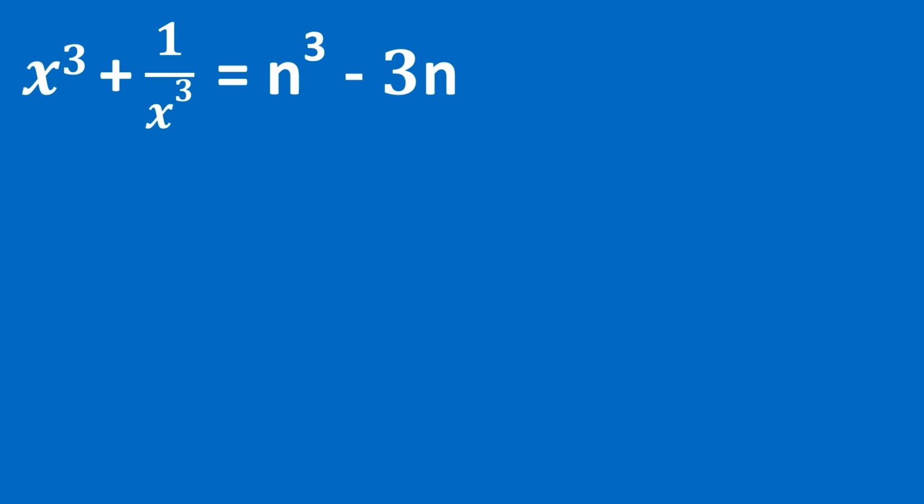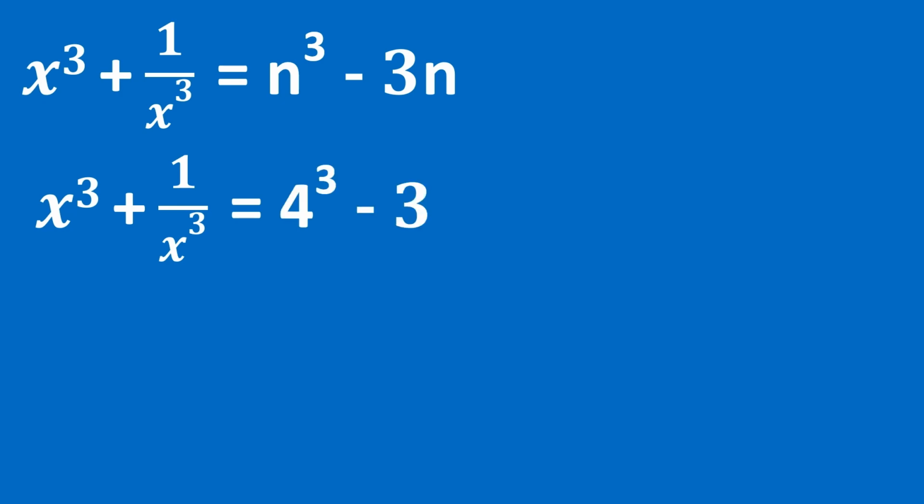Well, let's be reminded, x raised to the power 3 plus 1 over x raised to the power 3 has been established in this video to be equal to n raised to the power 3 minus 3n. Therefore, since we know the value of n, which is equal to 4, we will simply substitute it in this algebraic expression so that we have 4 raised to the power 3 minus 3 multiplied by 4.